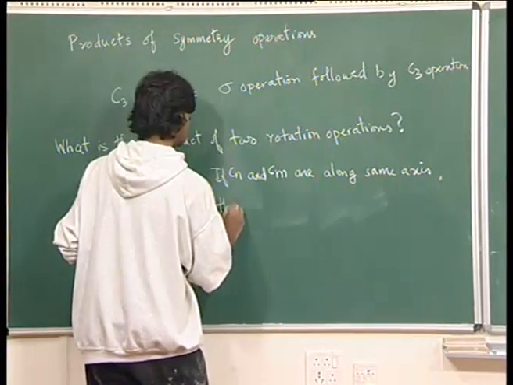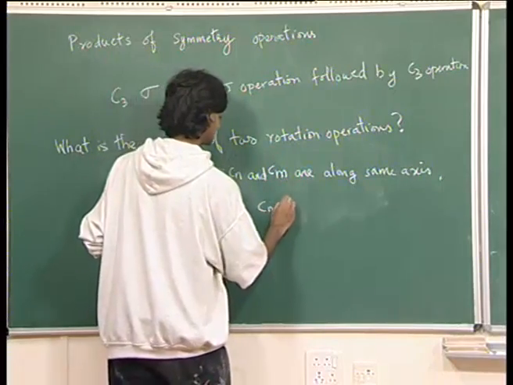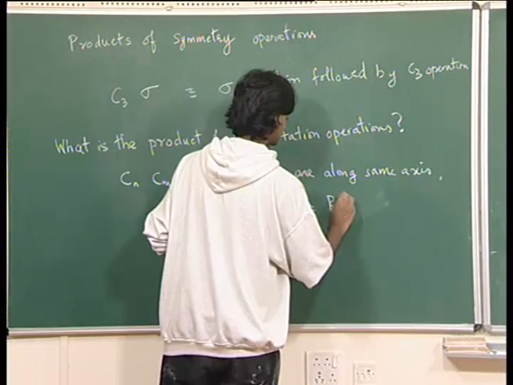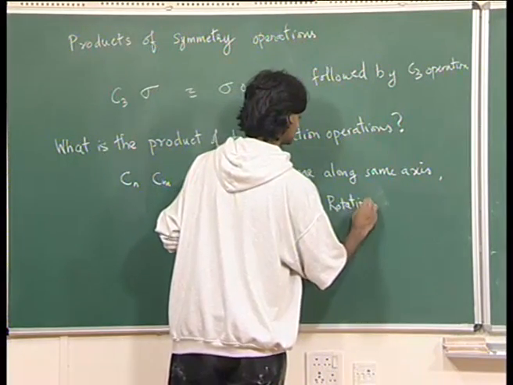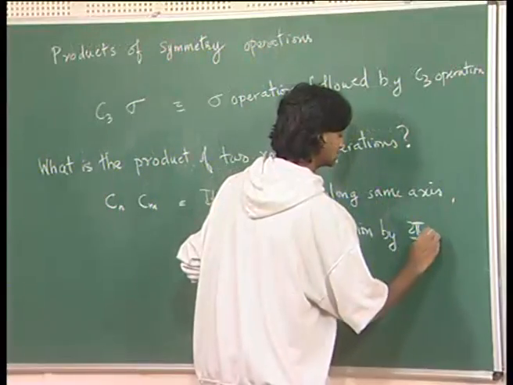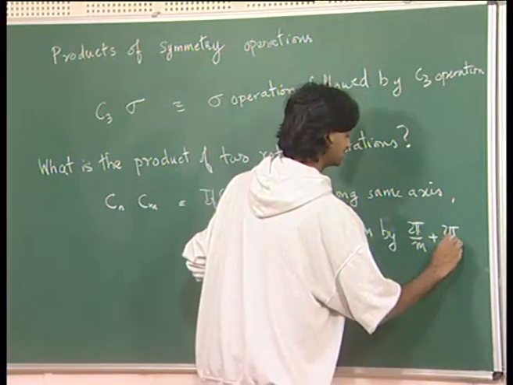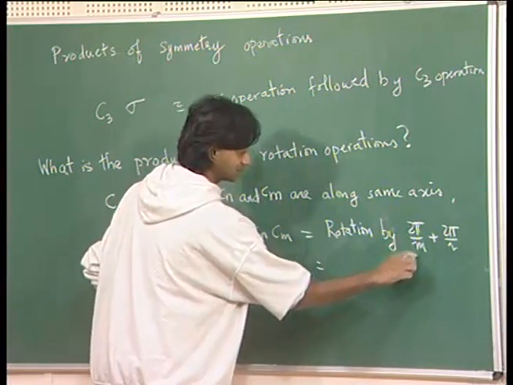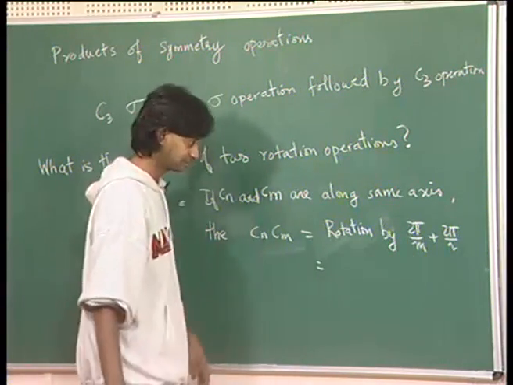Then Cn times Cm is equal to rotation by 2 pi by m plus 2 pi by n.